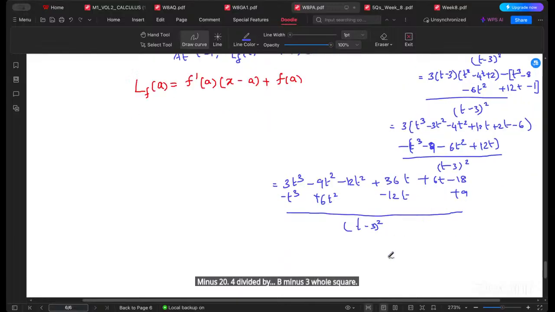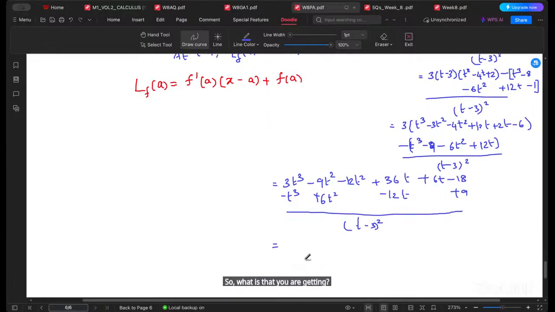So what is it that you are getting when you simplify? 2t cube, and for t square the coefficient is minus 3 minus 12, minus 15t square, and for t you should have minus 6 plus 30t minus 9.